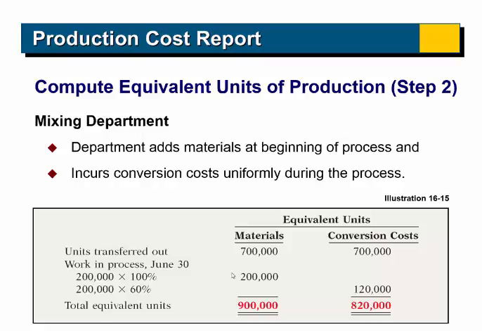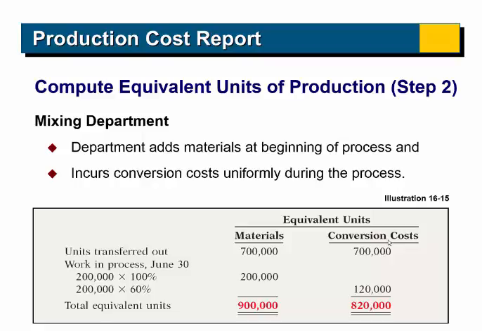So 700,000 times 100% as to materials equals 700,000 in materials equivalent units. And then the 200,000 that are left in work in process have also received 100% of their materials for 200,000, for a total of 900,000 equivalent units as to materials. And then conversion costs, those 700,000 units that are being transferred out are 100% of the way completed or converted as to mixing.